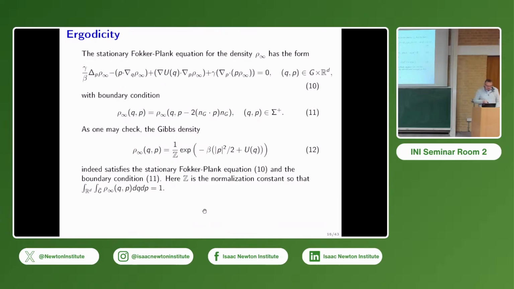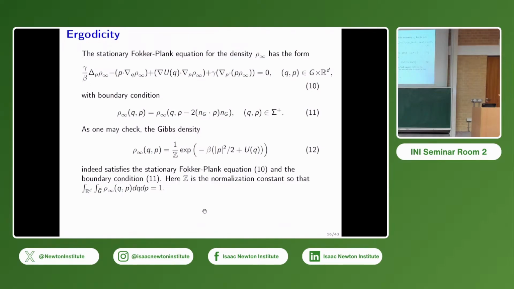We can write down the Fokker-Planck equation. Again, the equation itself is as usual, but it is complemented by the specular boundary condition, and it's straightforward to check that the Gibbs density satisfies this boundary condition, and obviously satisfies the equation as usual.